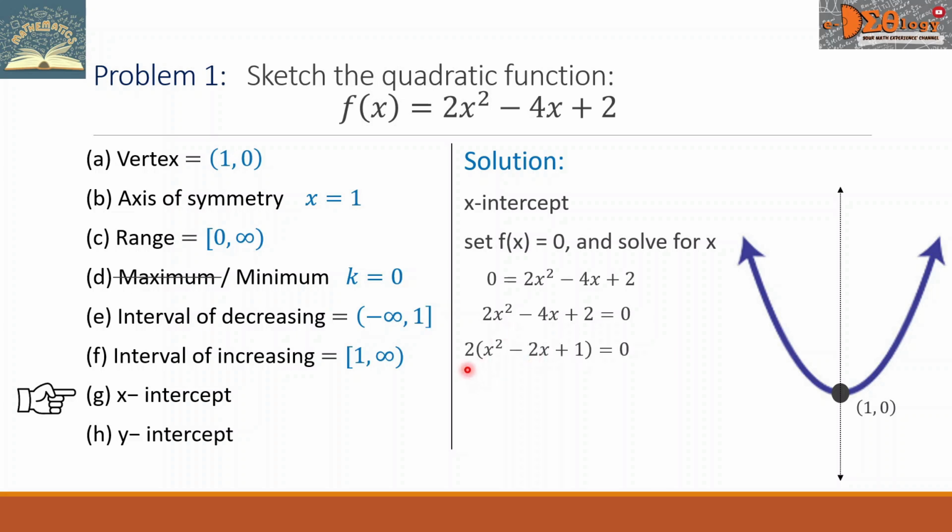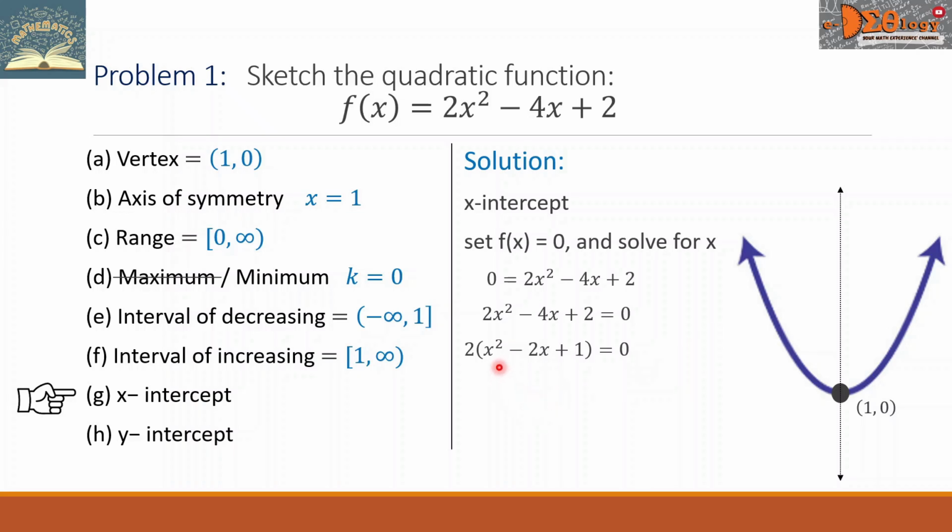So that will be 2 times the trinomial, x squared minus 2x plus 1 equals 0. We can simplify this equation by dividing by 2 so that this coefficient 2 will cancel out. On the right side, 0 divided by 2 is simply 0.